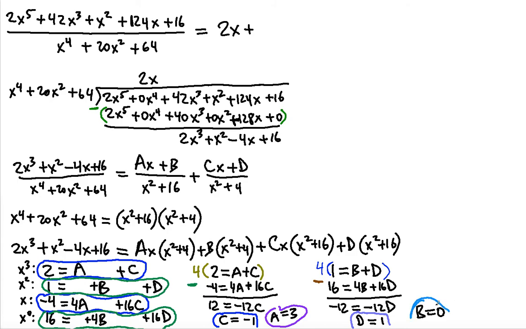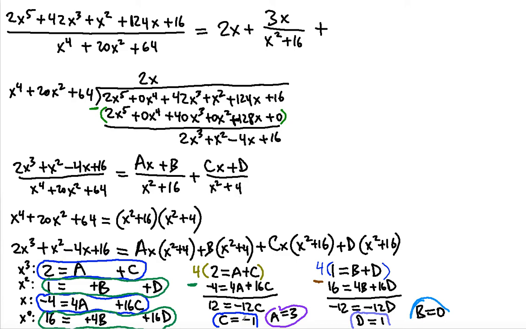Good. So now we can find the answer to this problem. Right? So 2x plus ax plus b. What is the a value? A value is 3, right? So 3x plus b. The b is 0, so we don't write anything else. Over x squared plus 16, plus, let's see, cx plus d on the top for the x squared plus 4.